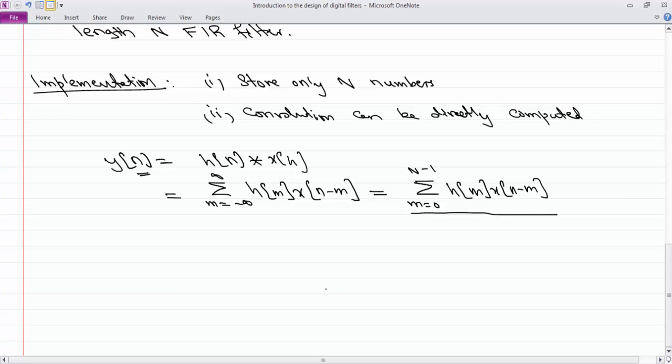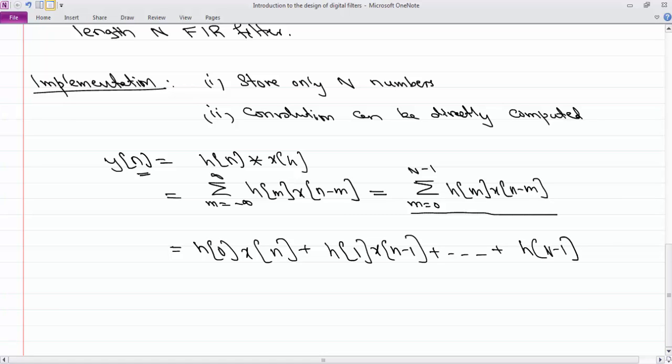You just use the direct convolution formula with the limits replaced. So this is simply equal to h[0] x[n] plus h[1] x[n minus 1] and so forth, plus h[N minus 1] x[n minus N plus 1].